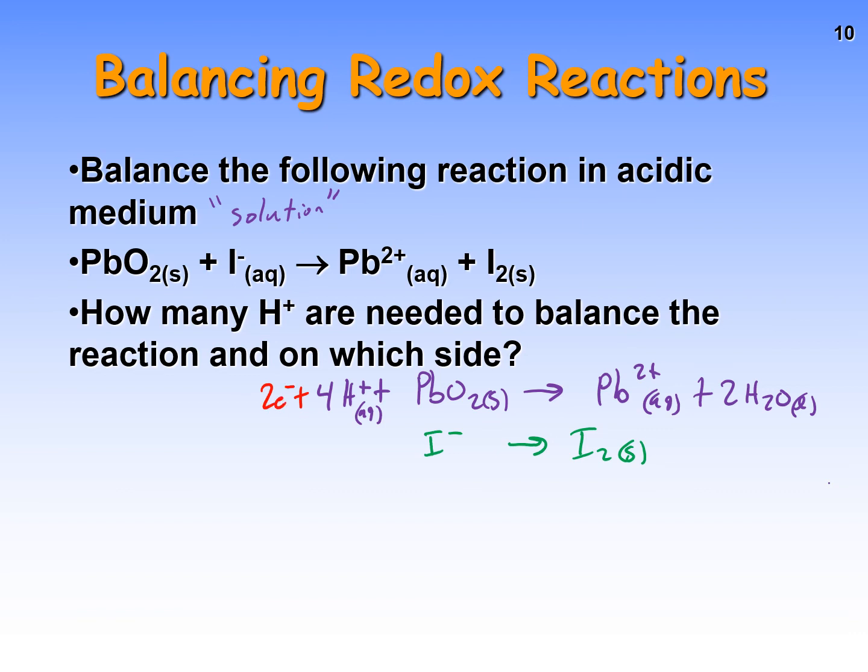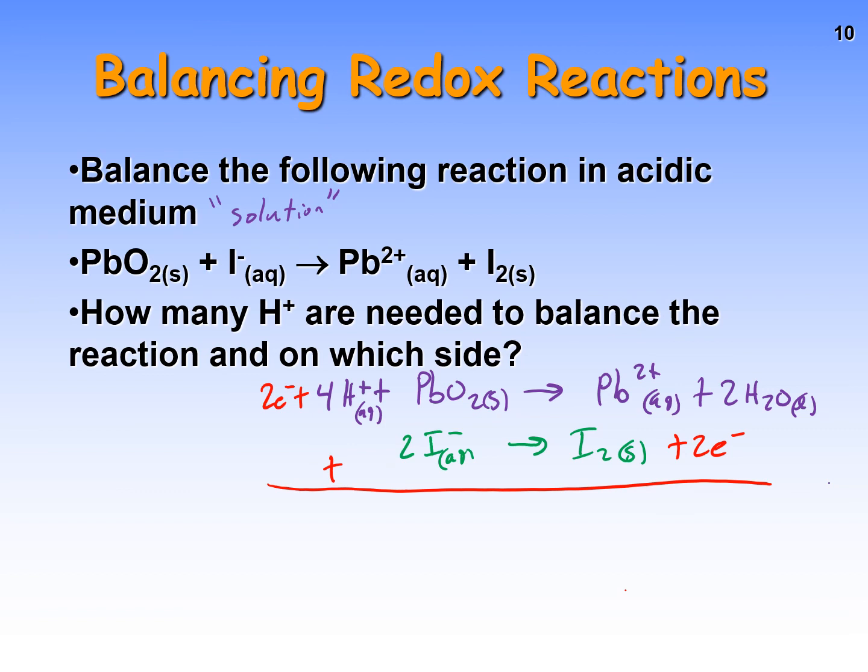All right, so this guy is now balanced. Let's do the next one. The first thing I need to do is put a 2 here to make sure I have two I's on both sides. If I look at this now, I have a -2 charge on the left side, and I need to have a -2 charge on the right side, so I add 2 electrons to the right, and now this is a balanced redox half reaction. The next step is just to simply add these guys together, right?